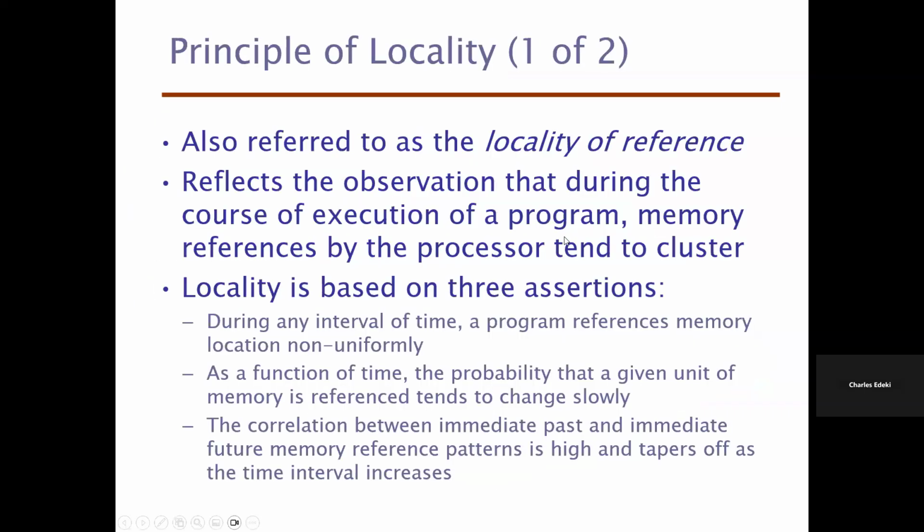Next, this is one of the main focuses of this chapter, what we call the principle of locality, sometimes referred to as the locality of reference. Locality refers to predictable patterns in memory access.